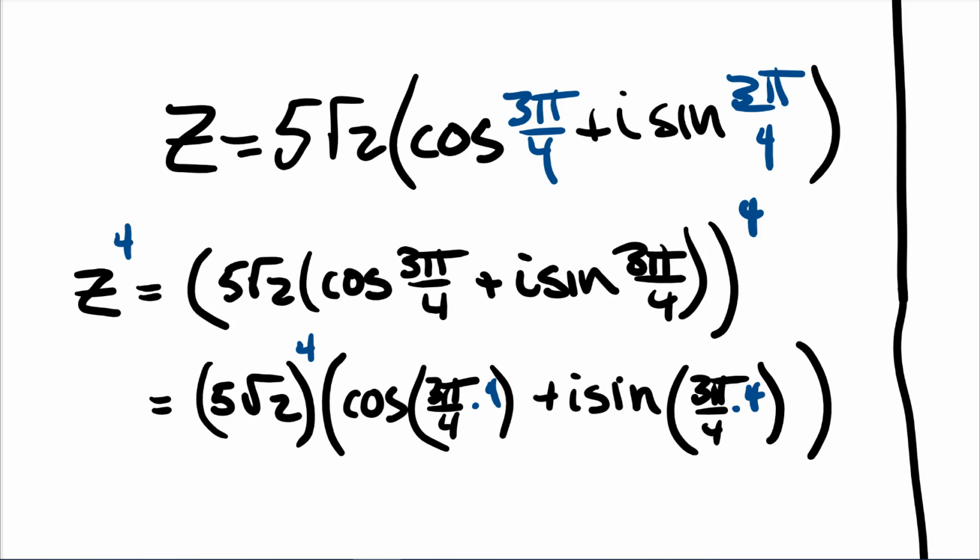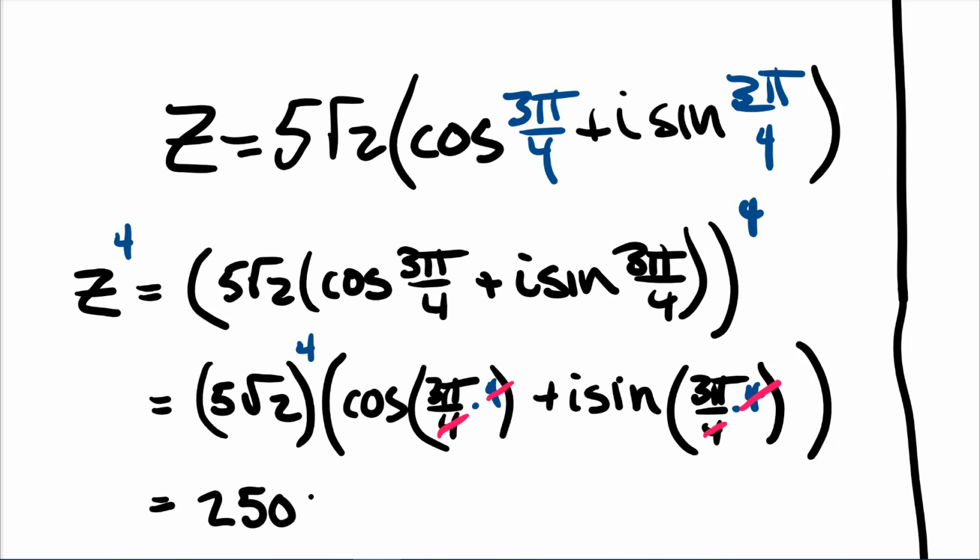Oh, that's nice. So that means the 4s are just going to cancel out, and we just have to take 5√2 to the fourth power. Pulling out a calculator, I don't want to try to do this in my head, even though you should be able to. Raise it up to the fourth power, and we get 2,500.